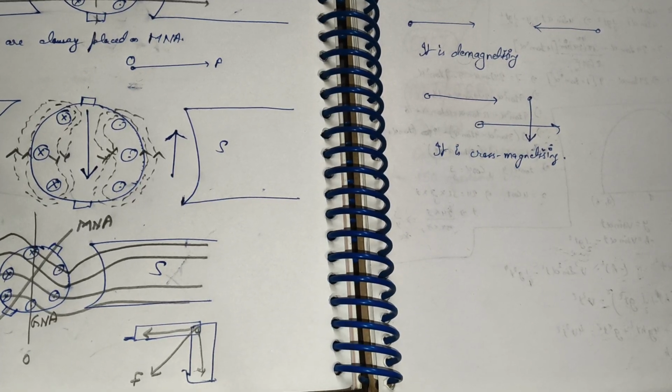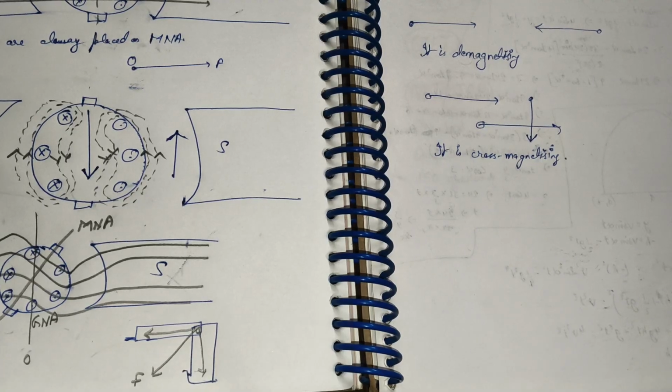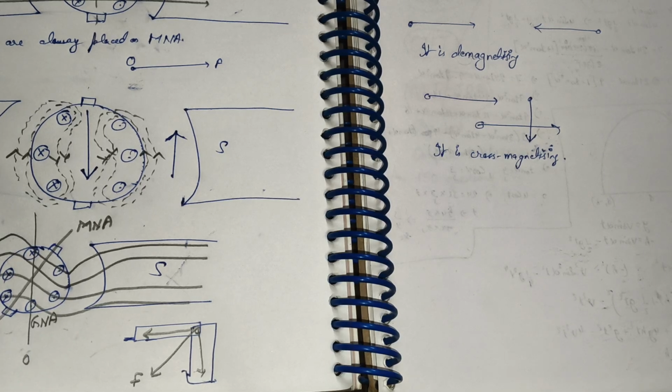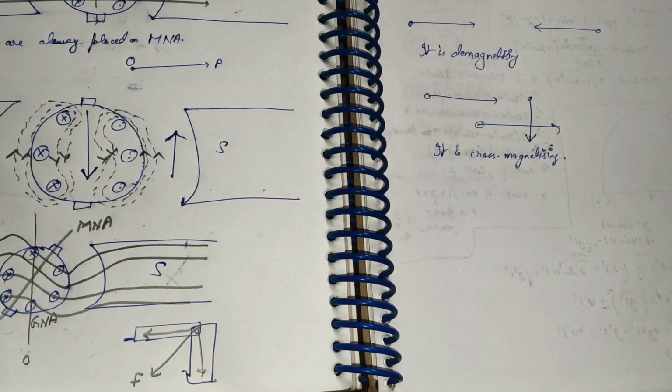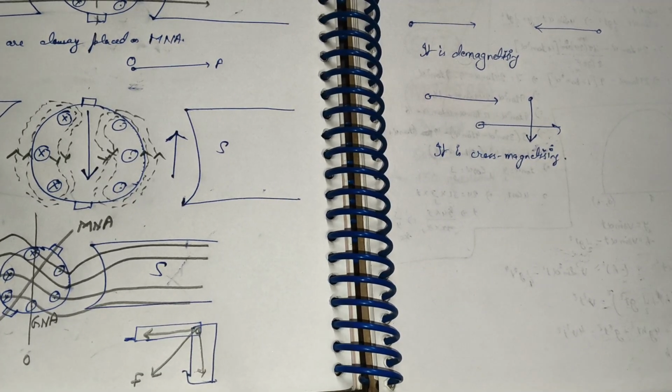The answer to the second question is no. Armature reaction can never be completely vanished or destroyed. It is a practical case that armature reaction always has some effect. However, we can reduce it but not completely vanish it.